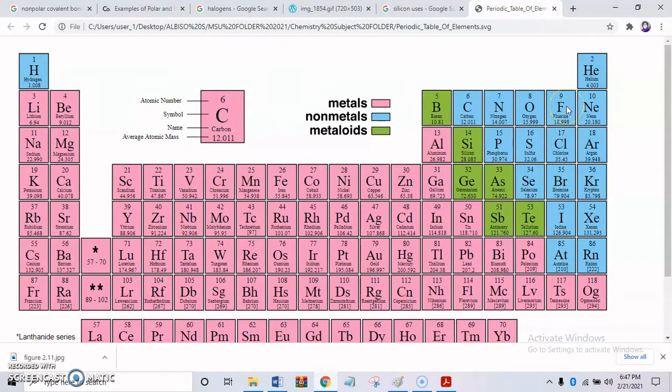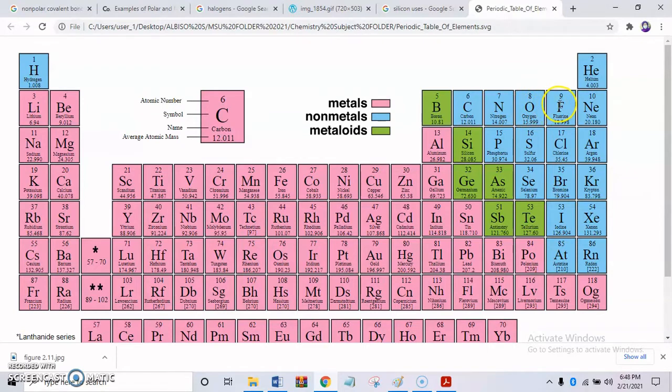If it is connected to carbon, for example carbon and hydrogen, and then you see an oxygen, that is automatically polar because oxygen has a lot of electronegative power.